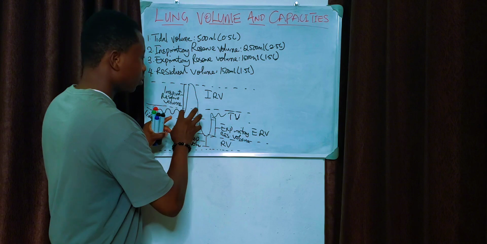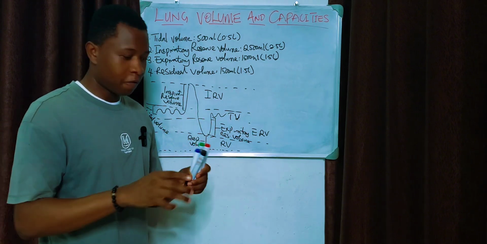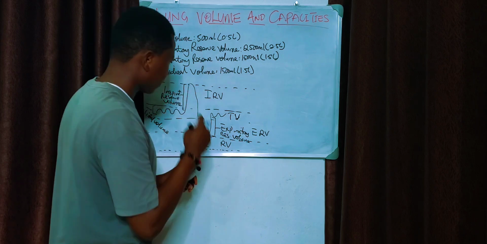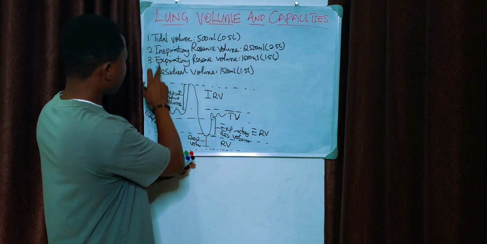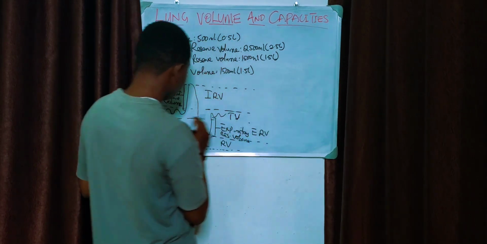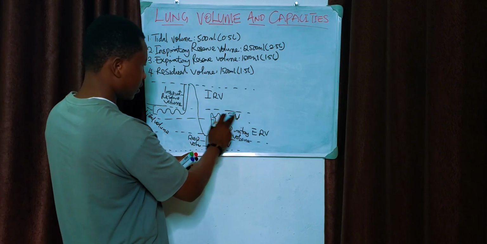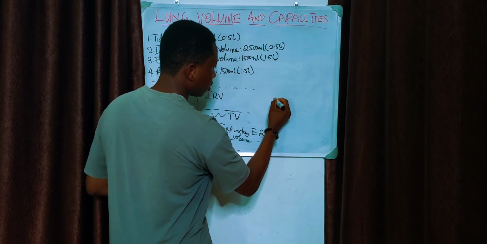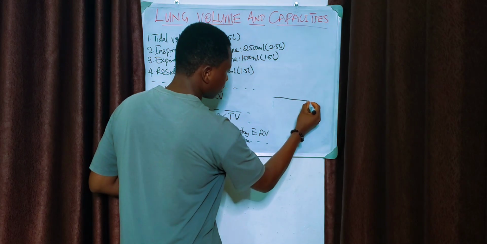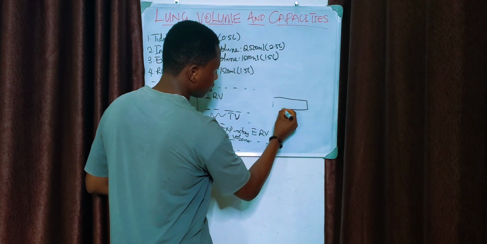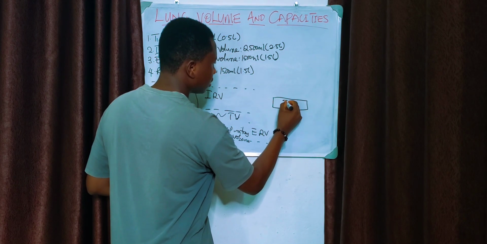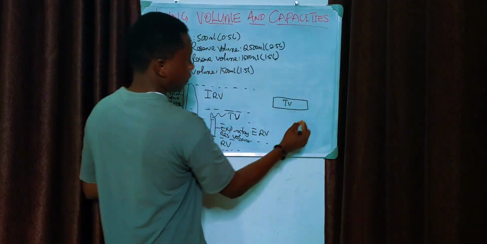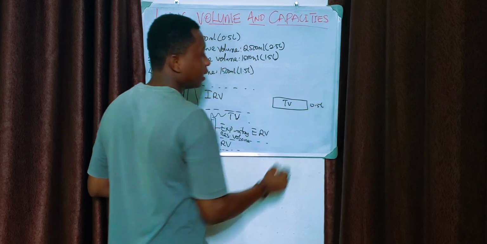Now, doing this in a very simple format, let's assume that our tidal volume, which is this, is 0.5 liters.